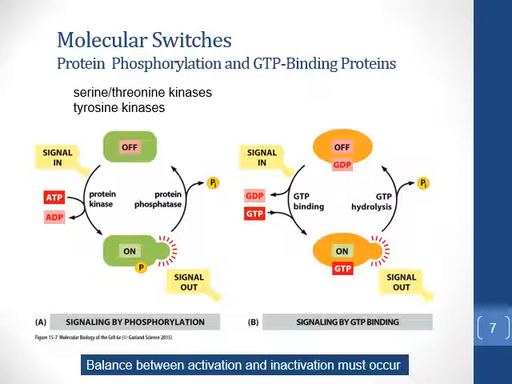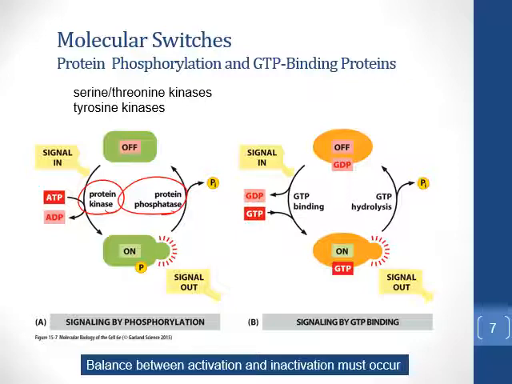And if you're using phosphorylation as a way to activate a pathway, you can easily see how that balance could be achieved. In other words, we know that protein kinases are going to phosphorylate proteins, maybe turn them on, maybe turn them off. Then phosphatases are going to remove that phosphate. So the balance between the activation of a kinase and a phosphatase is going to be crucial in these signaling pathways.